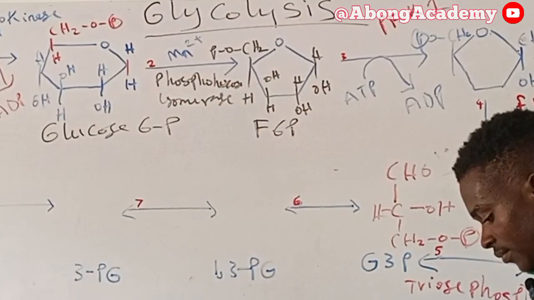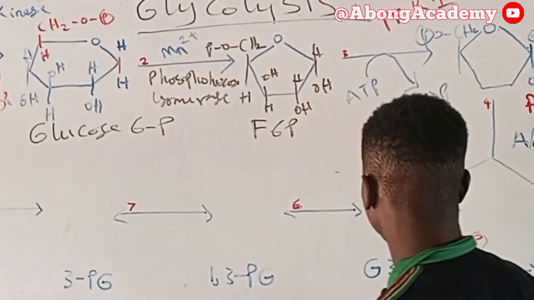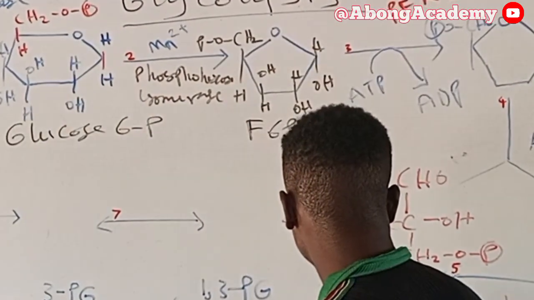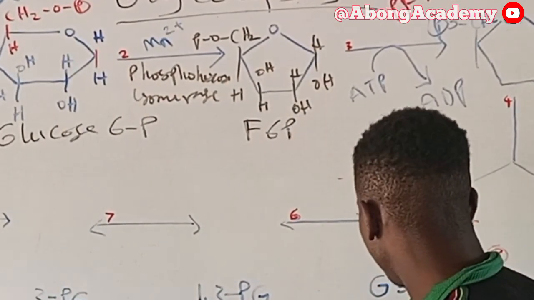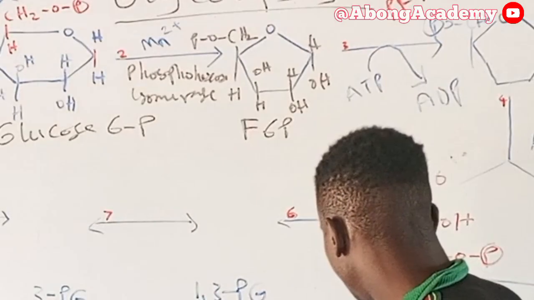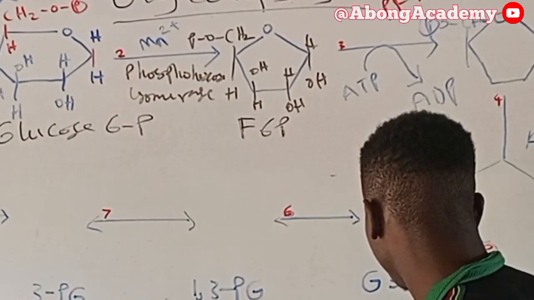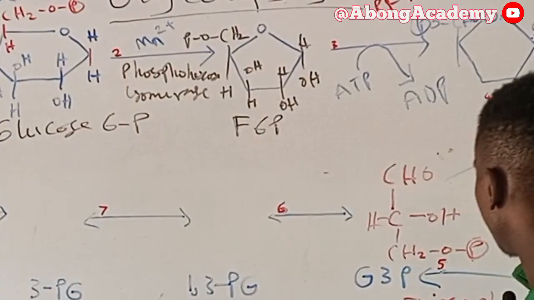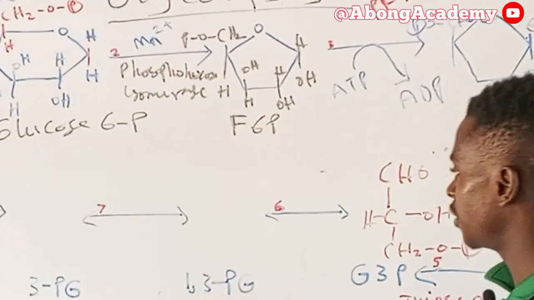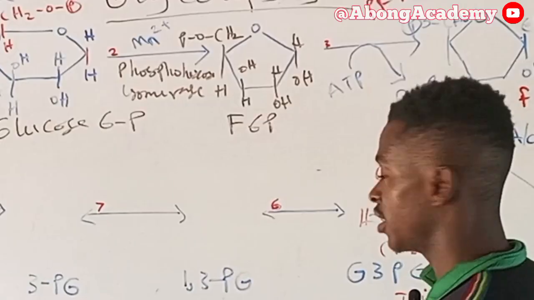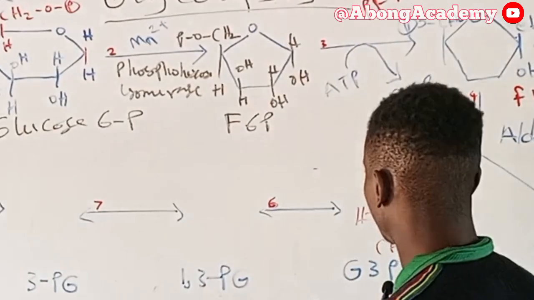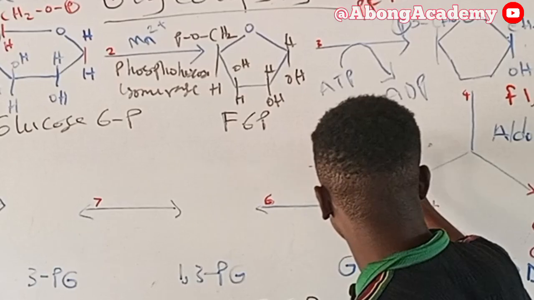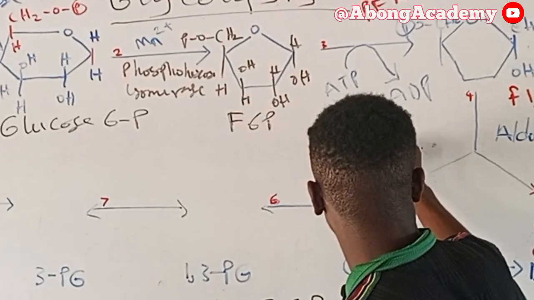And another enzyme will come on board. That enzyme is called glyceraldehyde 3-phosphate dehydrogenase enzyme. That enzyme will convert glyceraldehyde 3-phosphate to 1,3-bisphosphoglycerate. This enzyme adds an inorganic phosphate to this reaction.